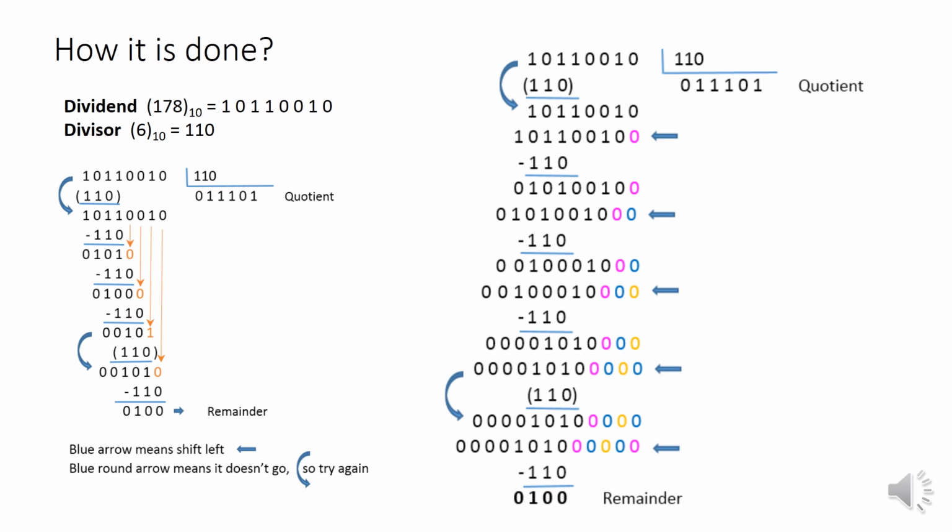Now we shift the remainder to the left, we keep the divisor in the same place, and we try with the first 4 digits. So we compare again, and in this case the divisor goes because it is smaller. So we write 1 in the quotient and we make the subtraction.